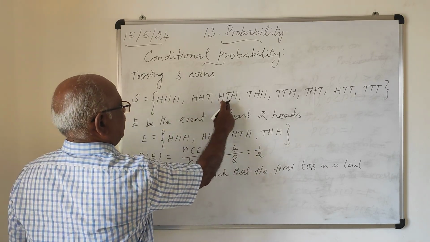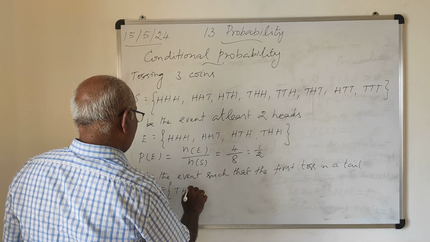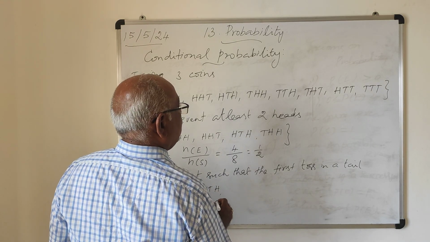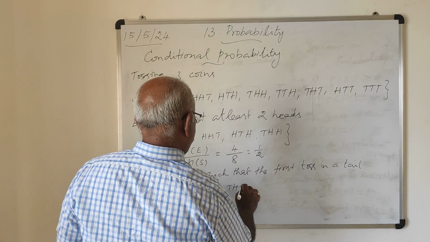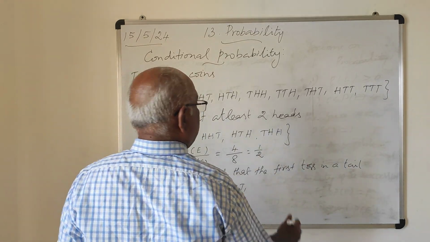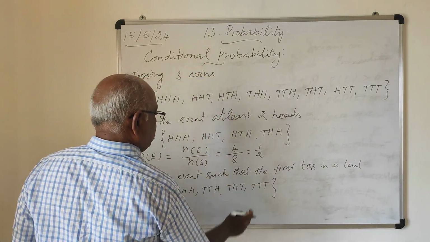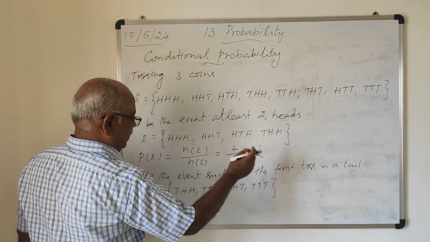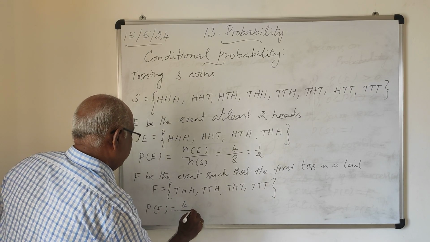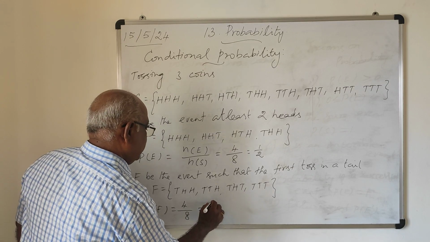That means first toss tail: THH, TTH, THT and TTT. These are the four events consisting of the first toss being a tail. So the probability of that event, P of F, is again 4 by 8, since the total number of sample elements is 8. So 4 by 8 is again 1 by 2.